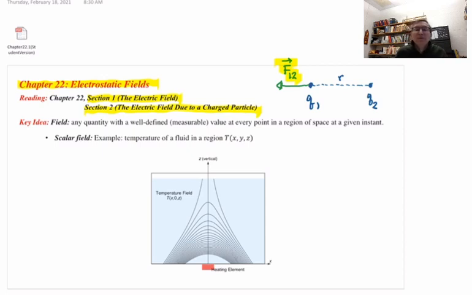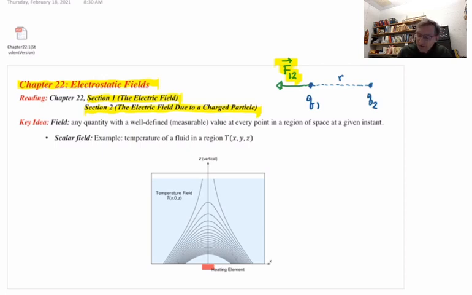So, we're faced with a conundrum. What is the physical mechanism by which, let's go back to the charge case, charge 2 exerts a force on charge 1 without them being in contact? This concept of an electrostatic field really came into its own in the 1800s, and the logic goes like this.